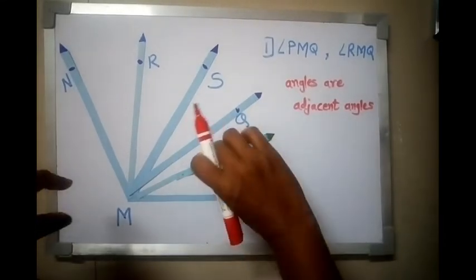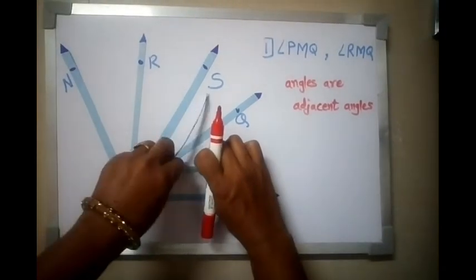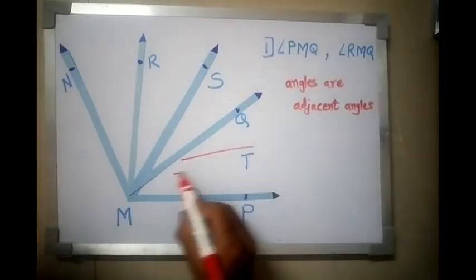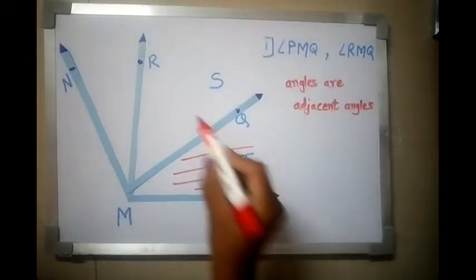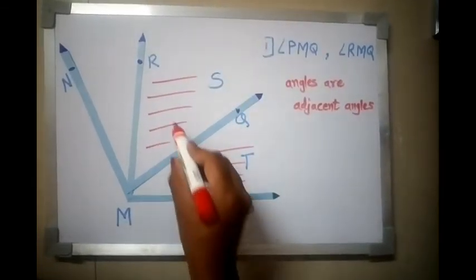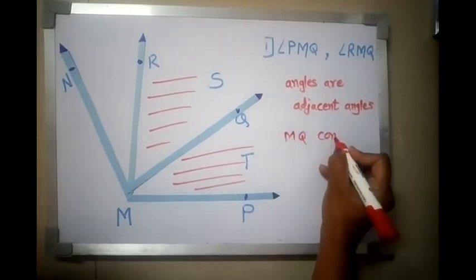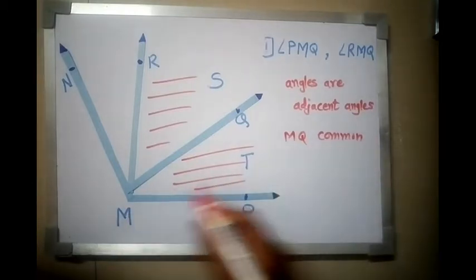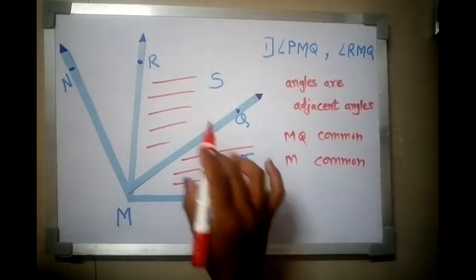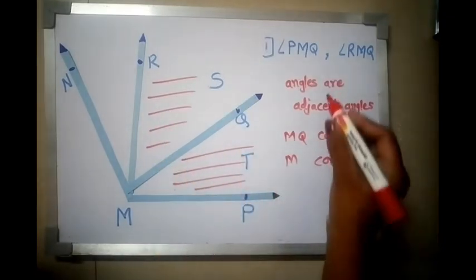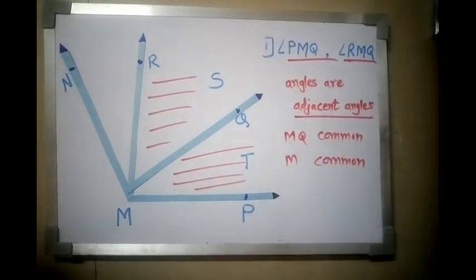These two angles are adjacent angles because common arm is MQ and common vertex is M, and separate interiors are of these two angles, so these two angles are adjacent angles.